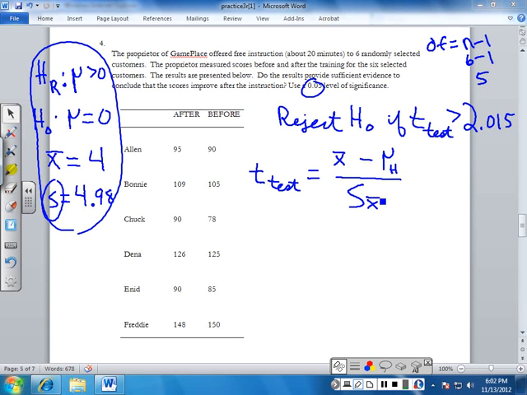So 4 minus 0, and over here I'm going to get S X bar, it's equal to S divided by the square root of N, which is 4.98, divided by the square root of 6.